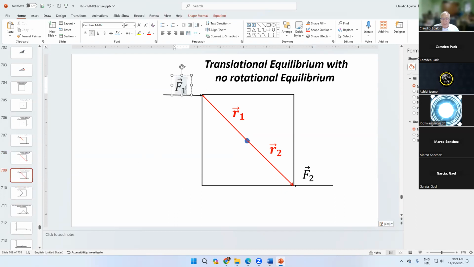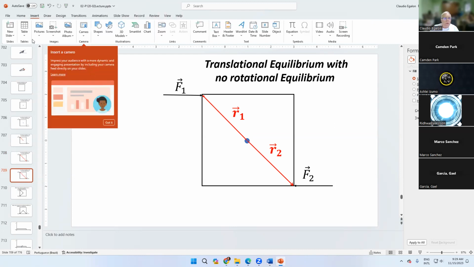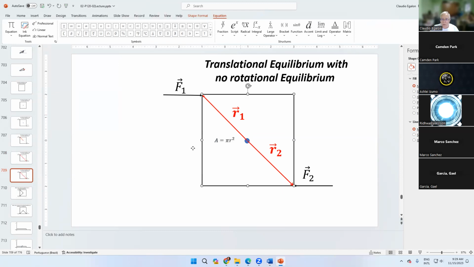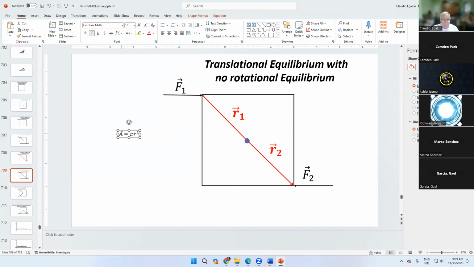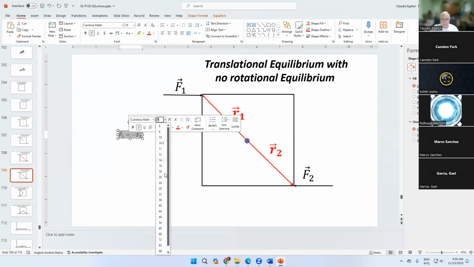Translational equilibrium means what? In order for this object to be under translational equilibrium, the equation, with a minus sign here, F1 equals minus F2.